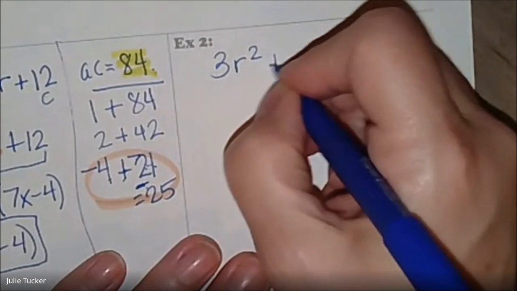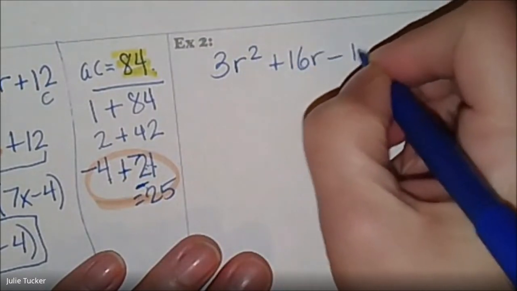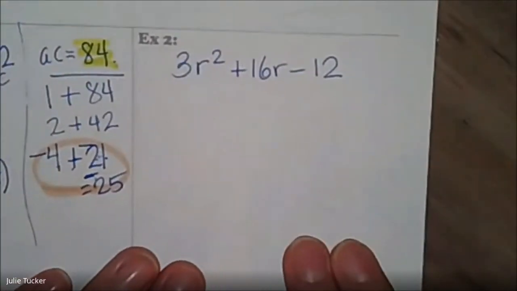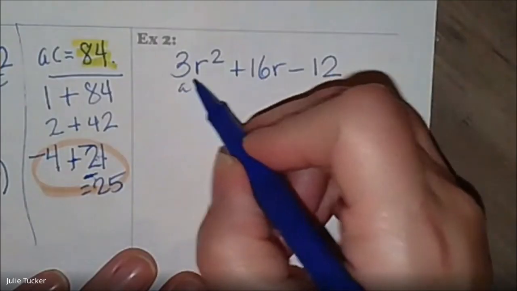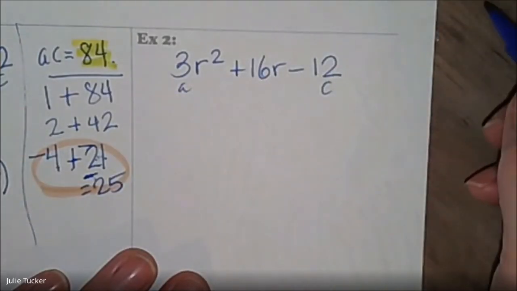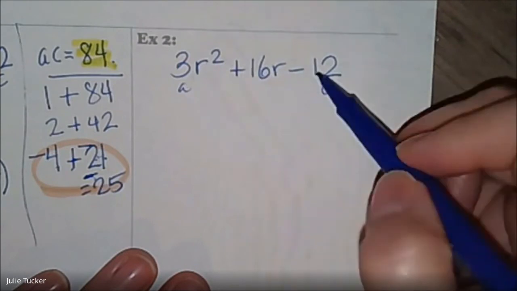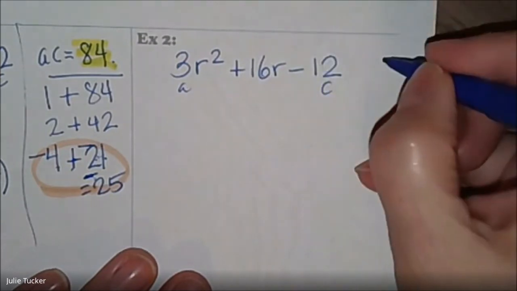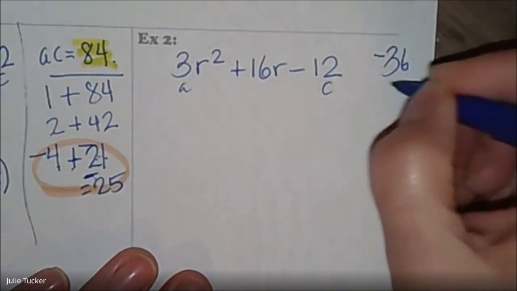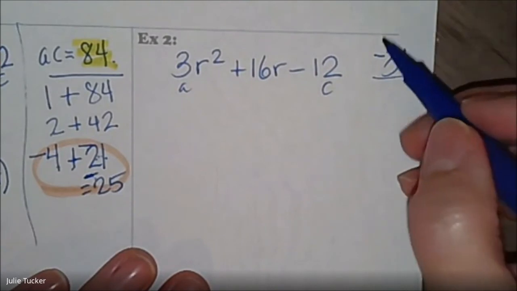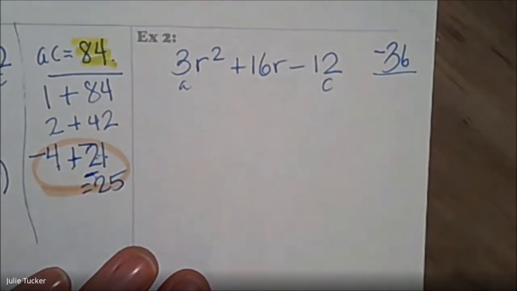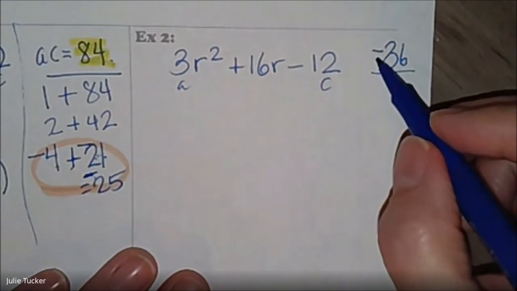3r squared plus 16r minus 12. So A times C is negative 36. And when the number is negative, I don't know if you remember this from Monday, but when the number is negative there, we have to subtract.